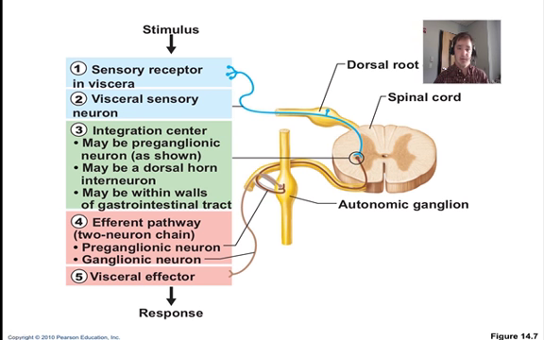But then instead of just one neuron coming out, we have two that chain together. We have this efferent pathway, a two-neuron chain, with a preganglionic neuron and then our ganglionic neuron. And then we have our visceral effector, which would carry out the response.